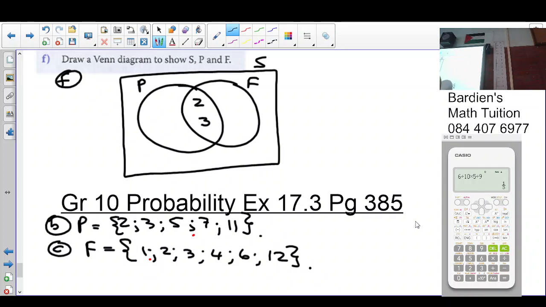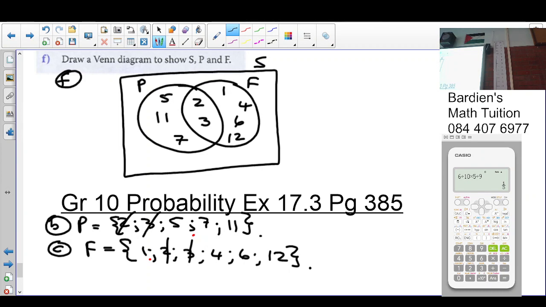Remember, we have accounted for 2 and 3. So you write 5, 7, and 11. For set F, we accounted for 2 and 3. So what must be written? 1, 4, 6, and 12.